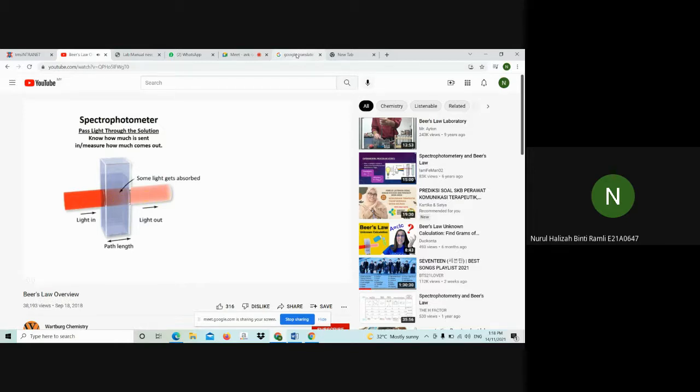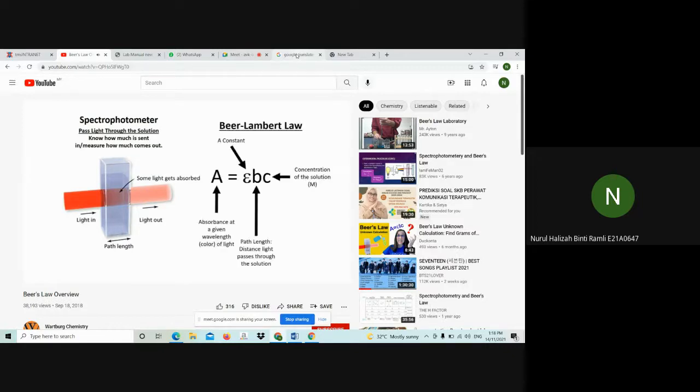What Beer-Lambert did was put some mathematics to this relationship. And the Beer-Lambert law is given by this equation. The absorbance at a given wavelength or color of light, which I'll get into in a second, is related to 3 terms: a constant E, which is a constant for whatever chemical we're looking at, the path length, and the concentration. The path length is the distance the light passes through the solution.